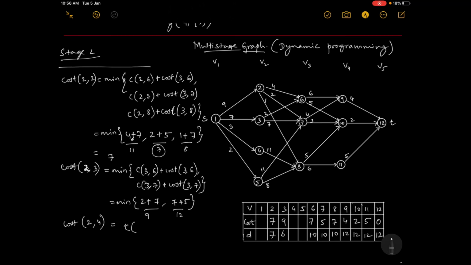So it is C of 4 comma 8 plus cost of third stage 8th vertex. 4 comma 8 is 11. Cost of vertex 8 from the table is 7. So it is 18. The only vertex there is 8. Okay, next.